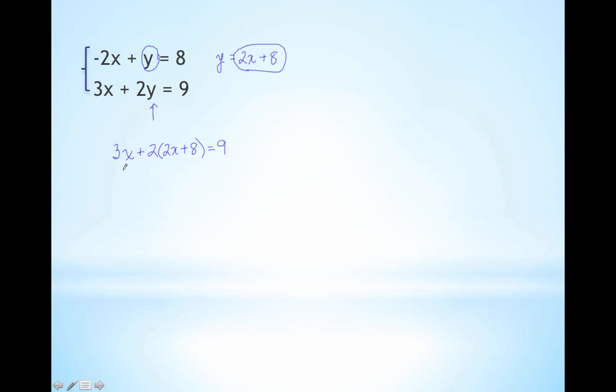And I will solve for x. I have my x value, so I'm going to substitute that back into one of the equations. This time it doesn't matter which one.